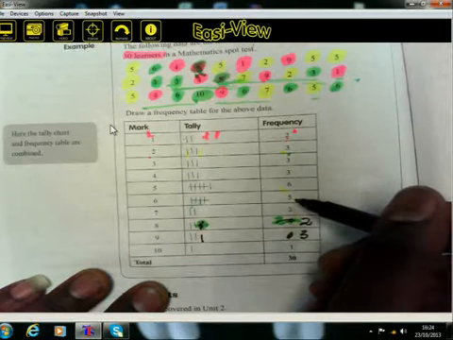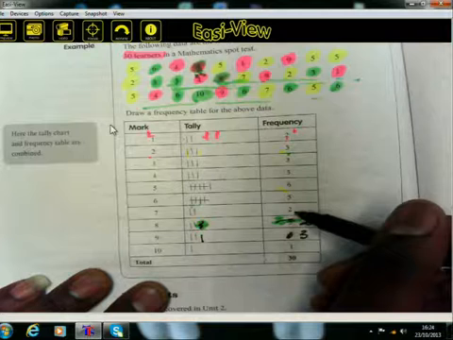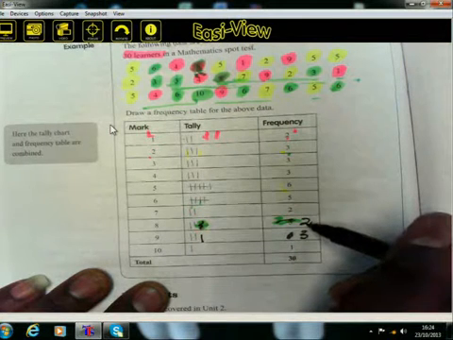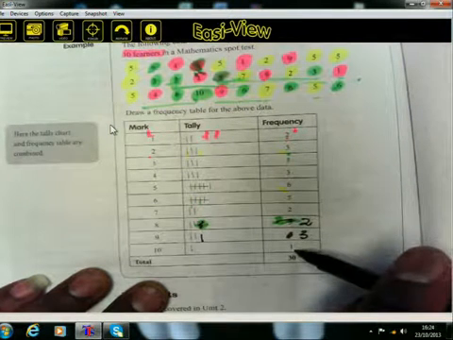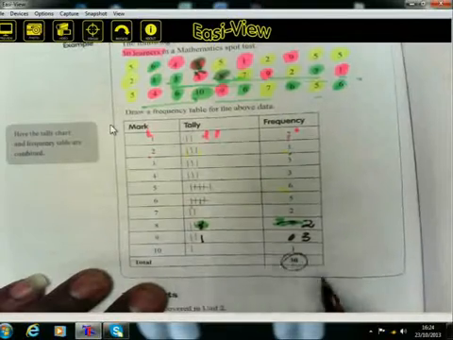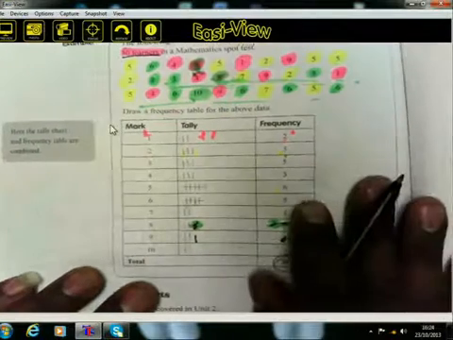Plus 5, it's 22. Plus 2 is 24. Plus 2 is 26. Plus 3 is 29. Plus 1 is 30. Now that means my total is 30. This total corresponds with the 30 learners who wrote.